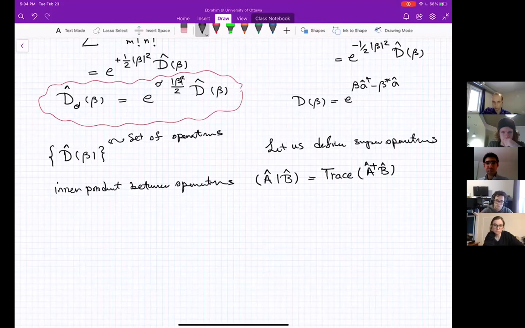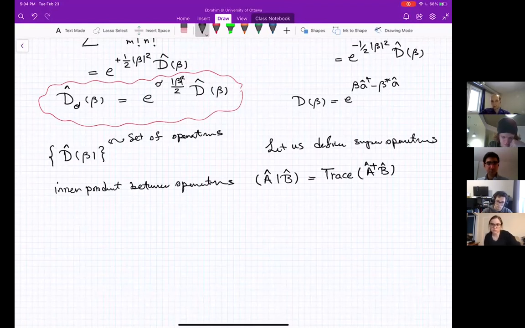If you take A dagger times B and look at the trace of them, then you will end up with a scalar quantity. And we call this the linear product between two operators A and B.